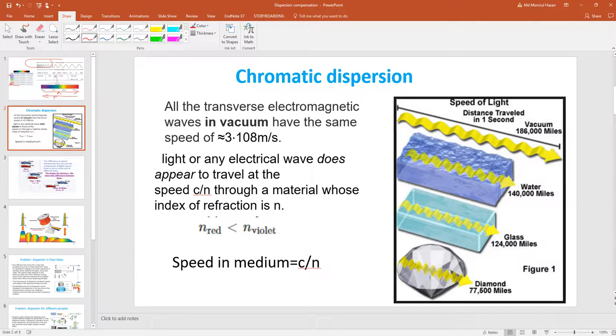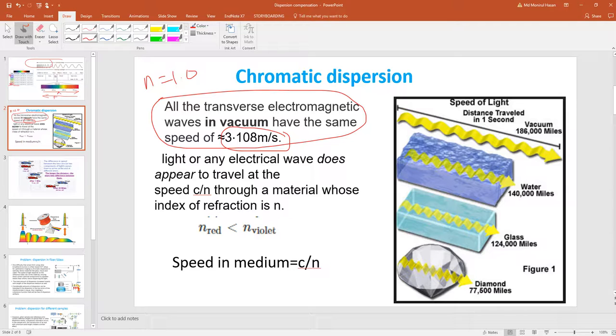Let's talk about something. In normal vacuum, the light will always travel with a fixed speed, that's 3 times 10 to the power 8 meters per second. That's fine. But when light travels through a medium whose refractive index is not the same as air, usually the refractive index of air is 1 and other media are different.